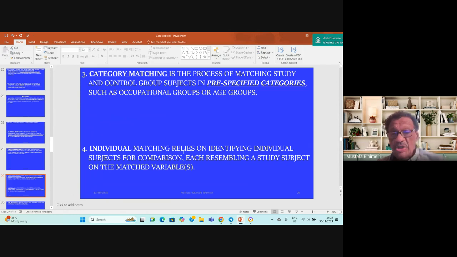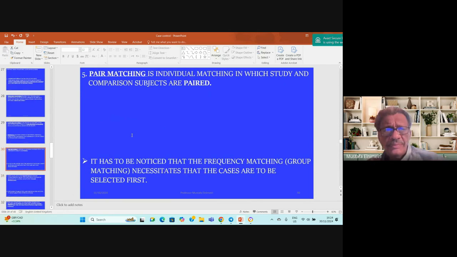Individual matching relies on identifying individual subjects for comparison, each resembling a study subject on the matched variable. Pair matching is individual matching in which study and comparison group subjects are paired.